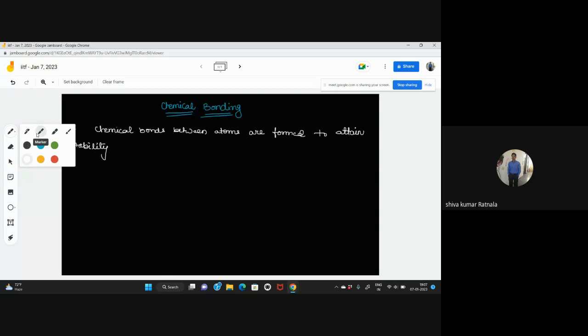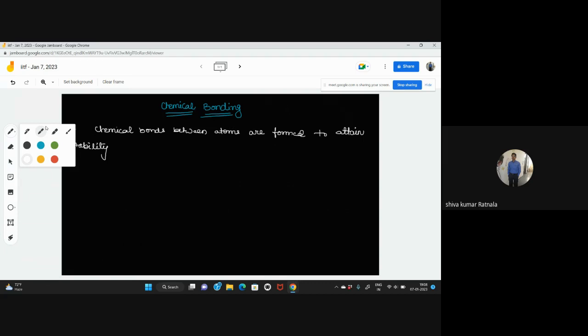Now in this one, first point: why do the atoms combine? On which basis are we going to have stability? For that there were so many attempts or models.